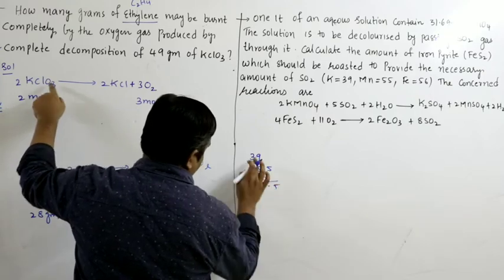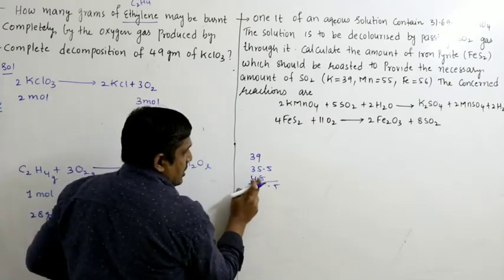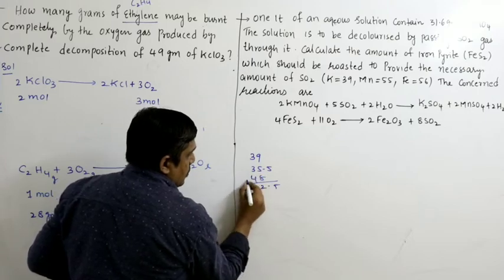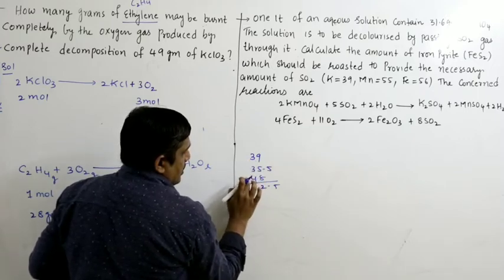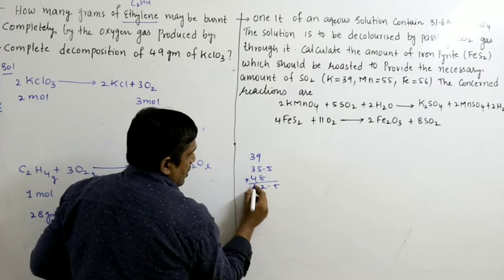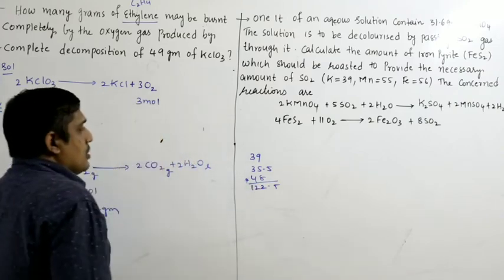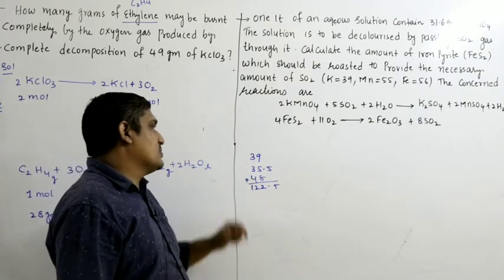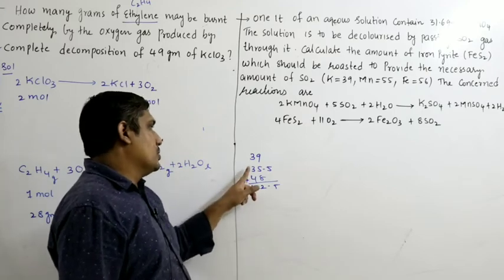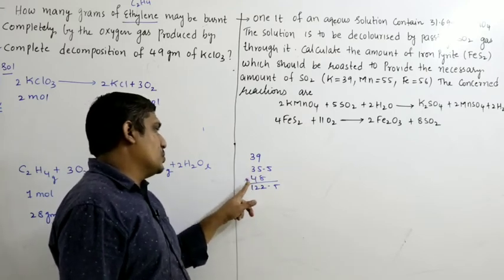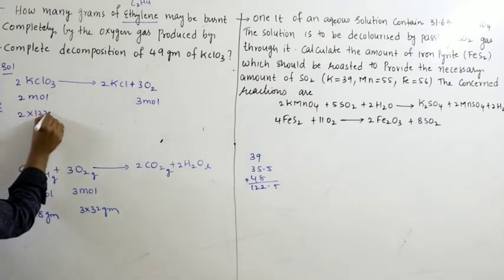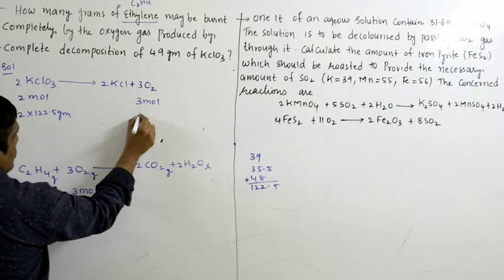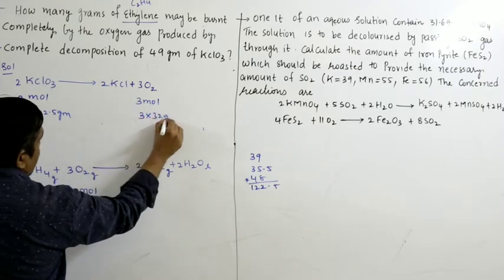Adding these up, we get 122.5. So this is 2 into 122.5 grams, which can produce 3 into 32 grams.